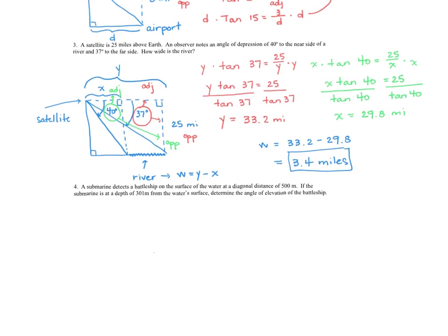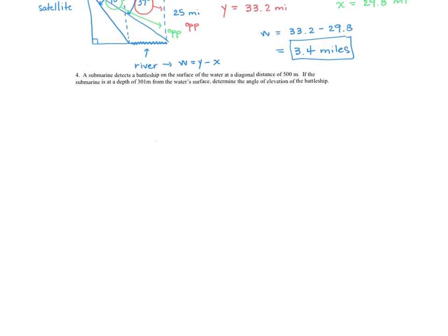Now let's try an angle of elevation problem that allows us to use those inverse trig functions to find a missing angle measure. So again, just starting to read my problem. A submarine detects a battleship on the surface of the water at a diagonal distance of 500 meters.